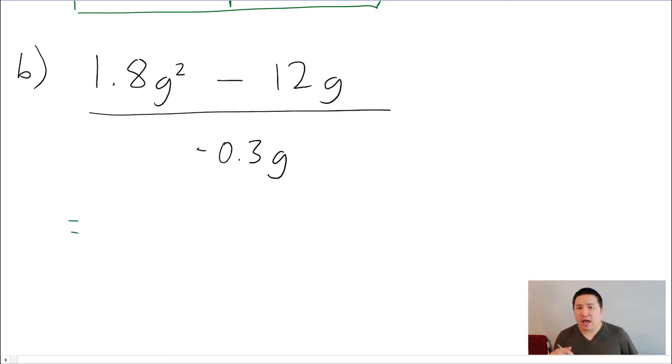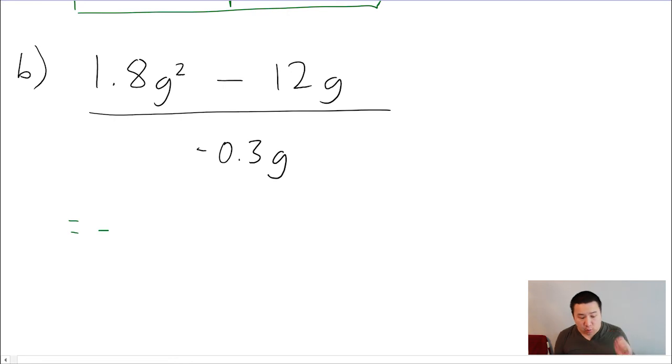Having decimals doesn't really change anything. We use the exact same rules. So each term gets divided by this monomial. So 1.8g squared gets divided by negative 0.3g. 1.8 divided by negative 0.3, I know that it's going to be negative.